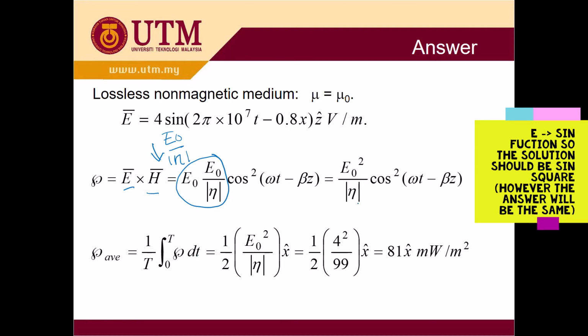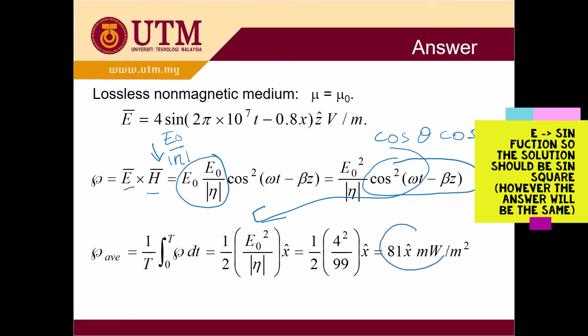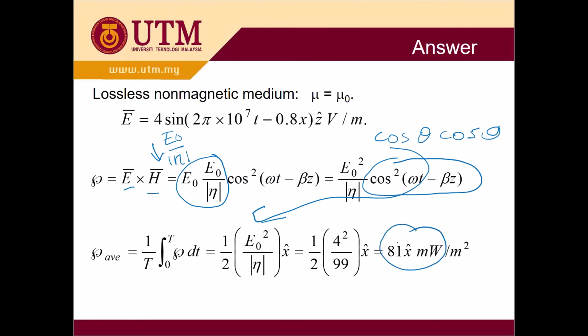When you solve this, because cos square is equal to one half of one plus cos 2 theta, it is just trigonometric integration, and you will get these answers. Please prove it yourself, because I already checked it, so this is true.